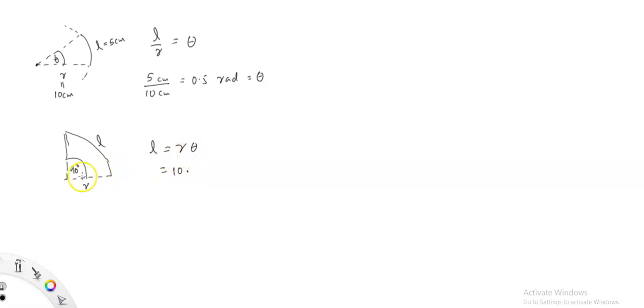Now theta, you can't put 90 degrees. You have to put the radian equivalent. 90 is pi by 2. So what is L? This cancels out, gives you 5 pi. What is 5 times pi? 5 times 3.14, which is 15.7.